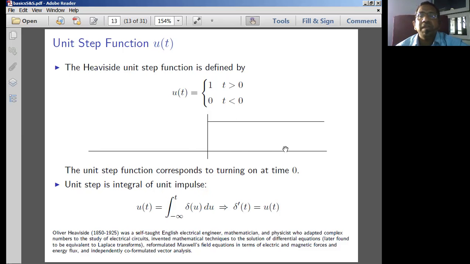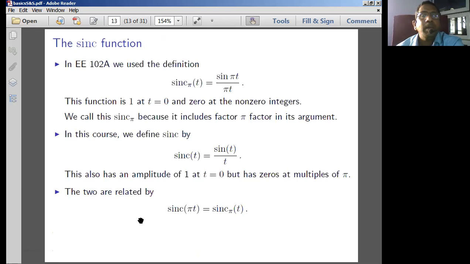So for an infinite time period after t equal to 0, the value of the signal is equal to 1, just like a DC line. That is known as a unit step type of signal for us. Now the integration of the unit impulse signal is nothing but the unit step signal.